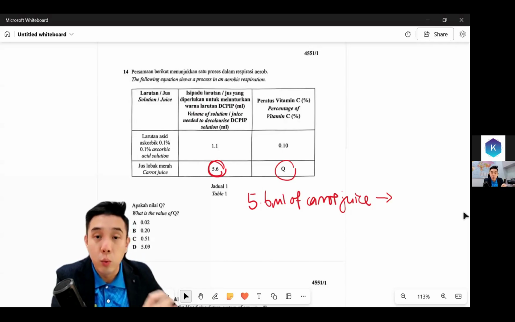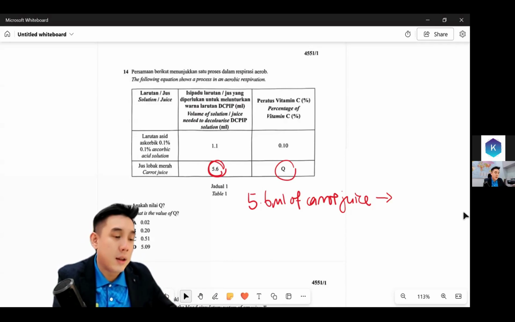This is how we work it out. Listen carefully.